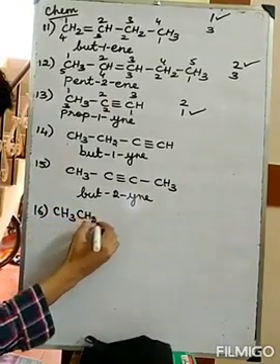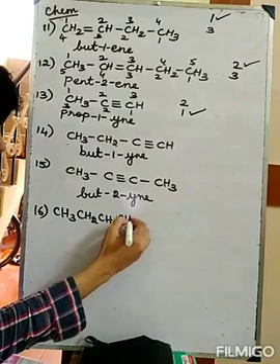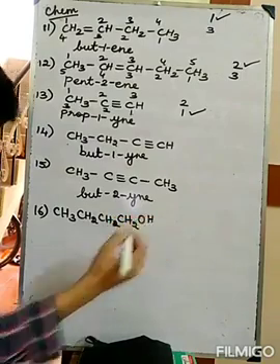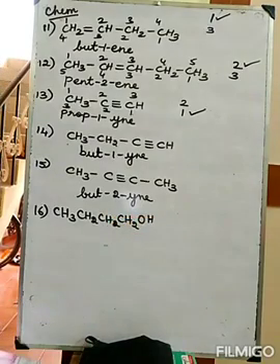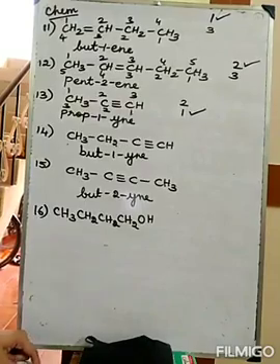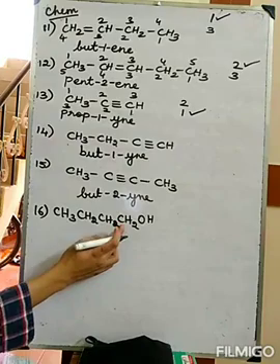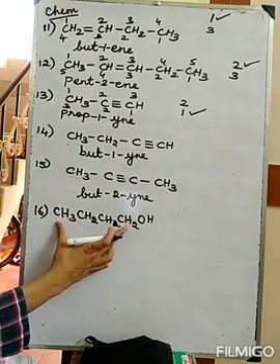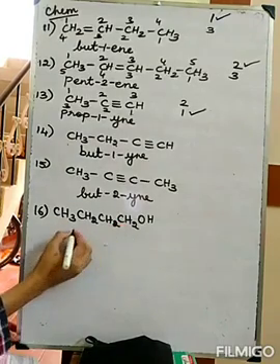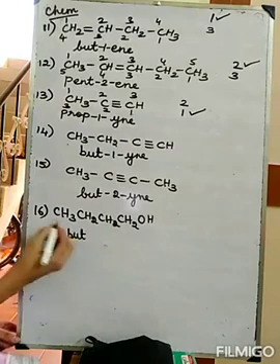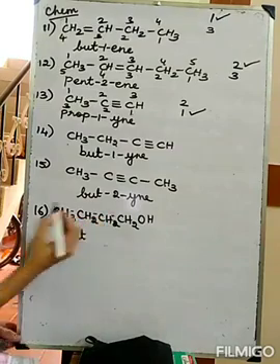CH3-CH2-CH2-CH2OH. What is the name of this compound? How many carbons are there? 4 carbons. 4 carbons means it is but. All are single bonds.